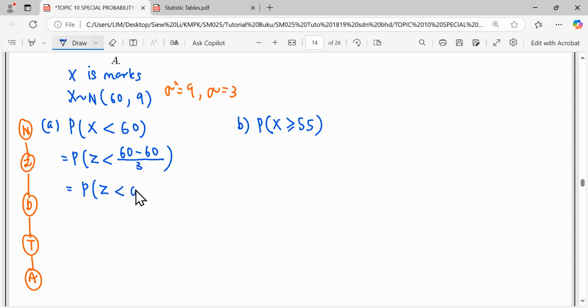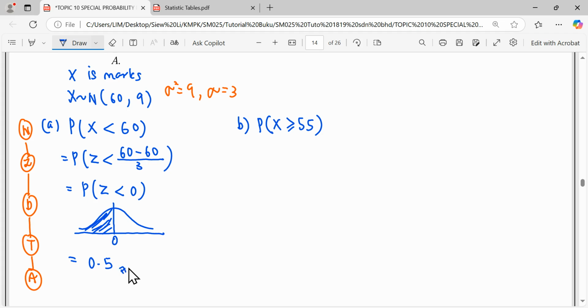We are going to read the Z score less than 0. So we draw out the normal distribution graph. The reading of 0 is in the middle. Less than that means we need this region. The total probability in a normal distribution is 1, so less than half, this area, will be equal to 0.5. The area under the graph represents the probability, so half of the probability will be 0.5.